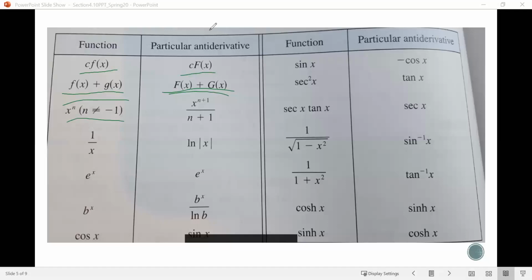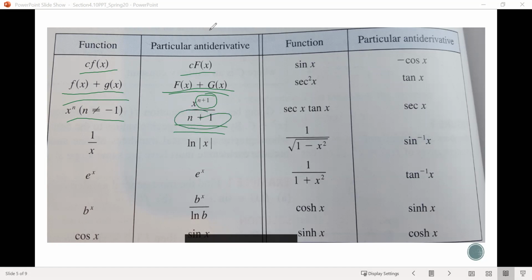And then this rule here is one that we can use when you are taking an antiderivative of a power function. So we know we have our power rule to find our derivatives of power functions, where we move the exponent down and subtract 1. Well, the opposite of that is to add 1 to the exponent, but then also divide by that, or multiply by 1 over that.